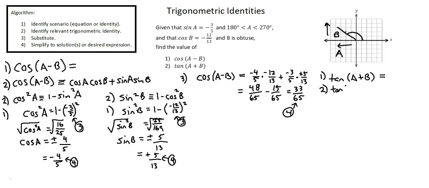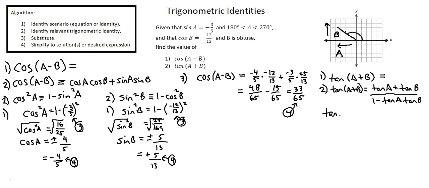Tangent A plus B equals fraction in the numerator, tangent A plus tangent B over 1 minus tangent A times tangent B. To move to step 3, substitute, we need to calculate the tangent values for our angles.